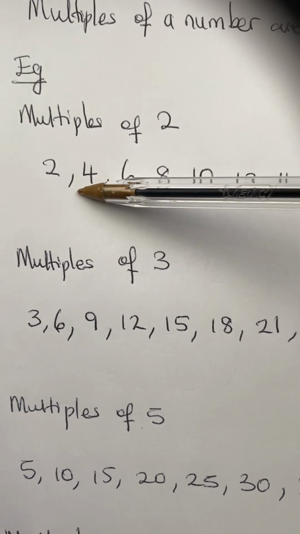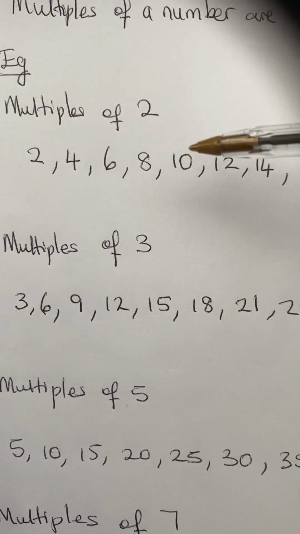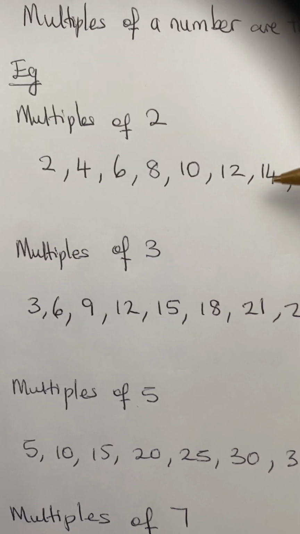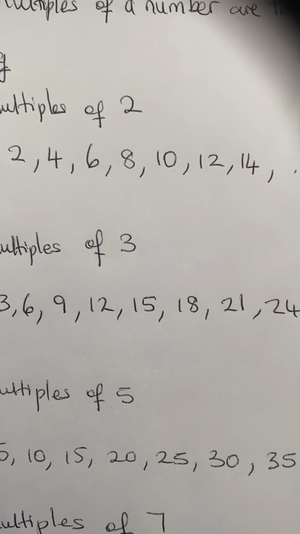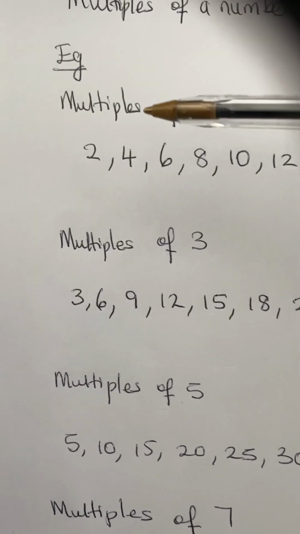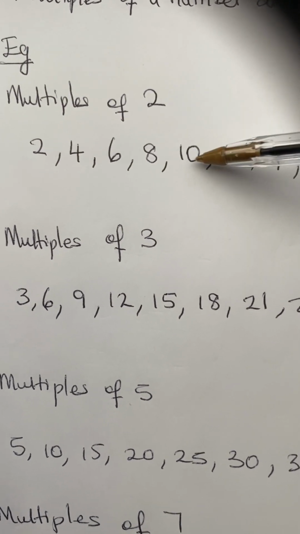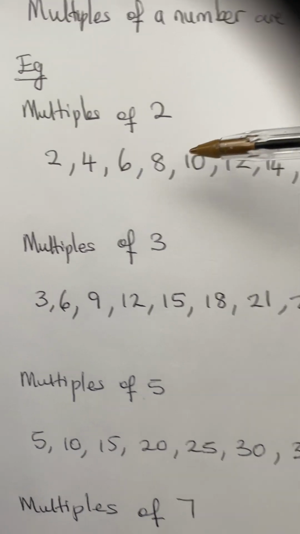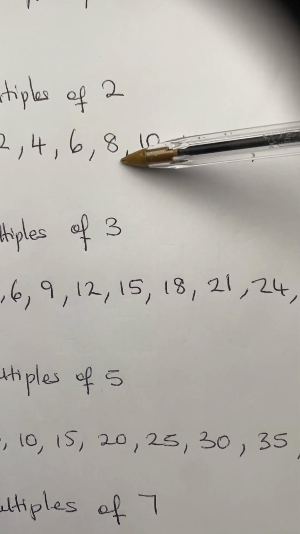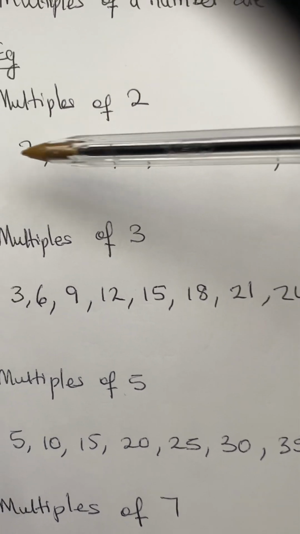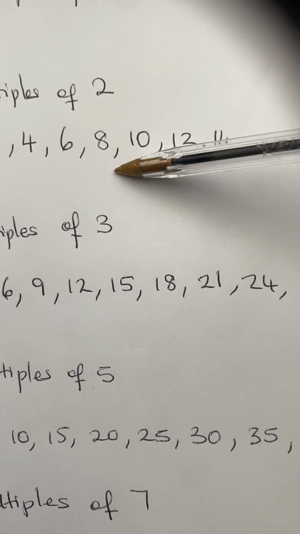It is 2, 4, 6, 8, 10, 12, 14, and here also I put the dots because it continues on and on. But assuming they gave you list the multiples of 2 less than 10, then your answer will be 2, 4, 6, and 8, because 2, 4, 6, 8 are less than 10.